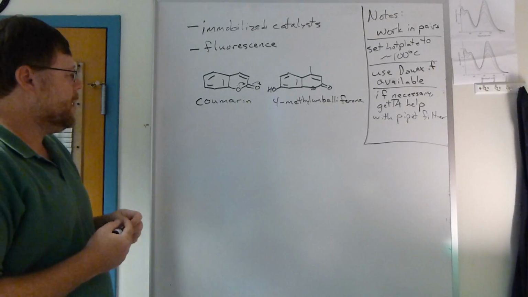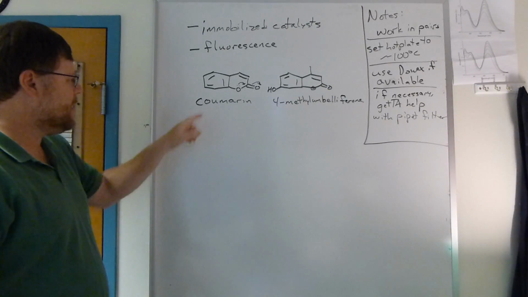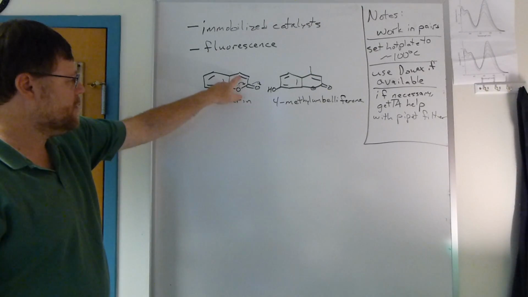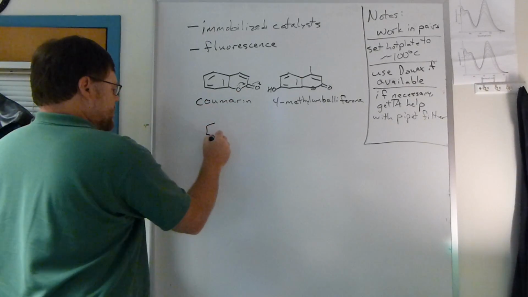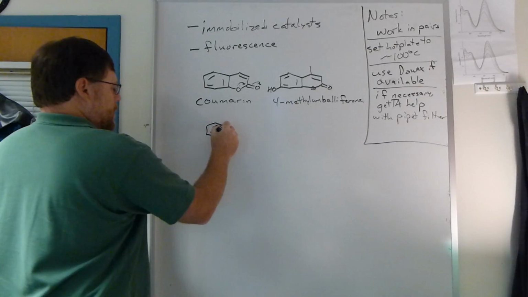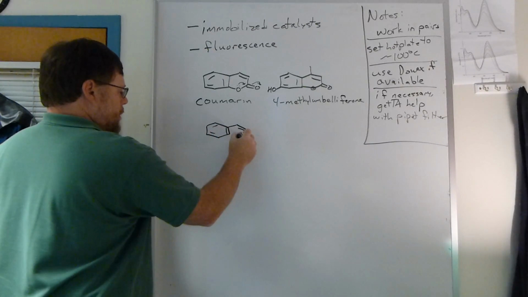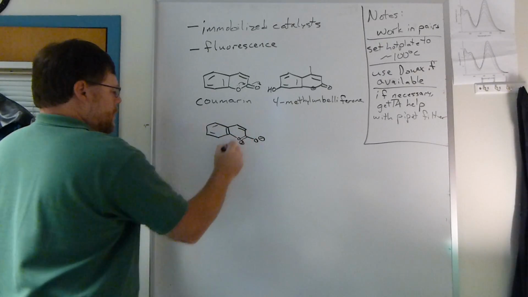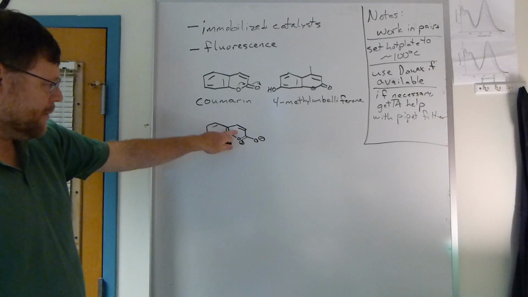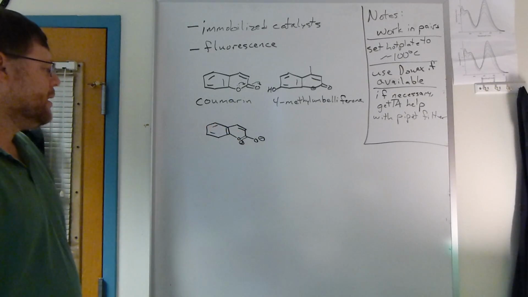From an electron counting standpoint, you've got 2 electrons here, 2 there, and then the lone pair 2, and I can draw that resonance structure out. So then this becomes an aromatic ring as well, 2, 4, 6.